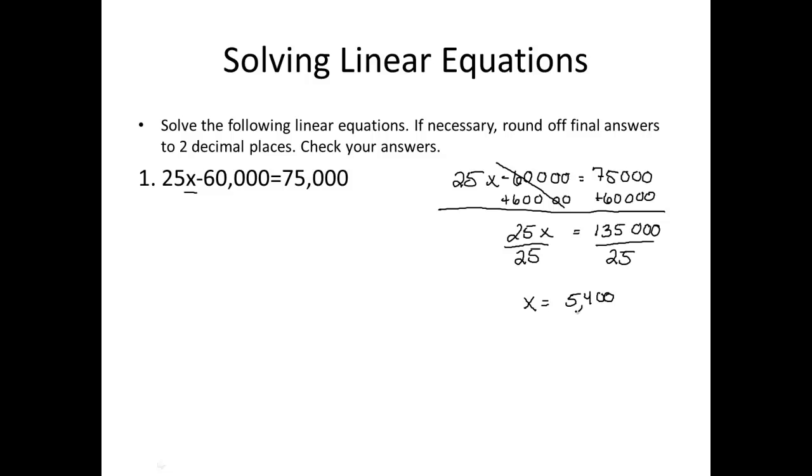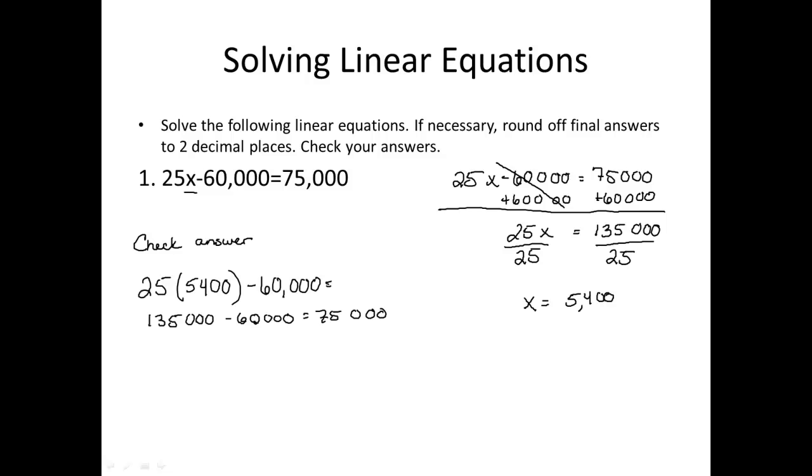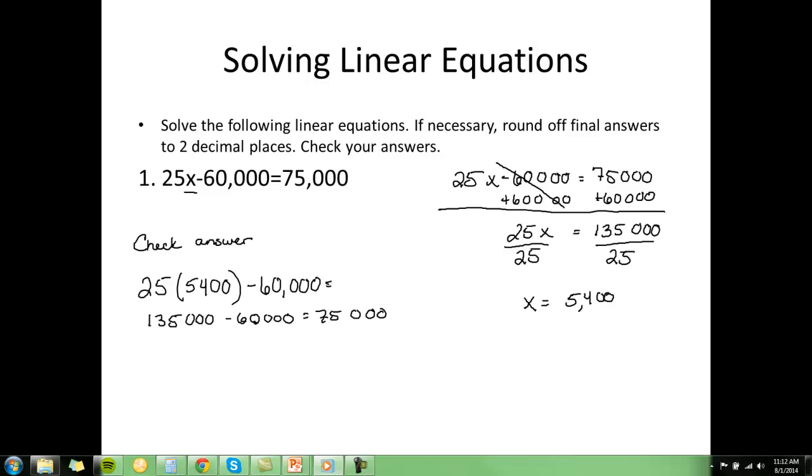And when we finish the arithmetic with that, we have just an x on the left-hand side, and 135,000 divided by 25 is 5,400. Now to have the numbers a little more complicated, we have a second example there.